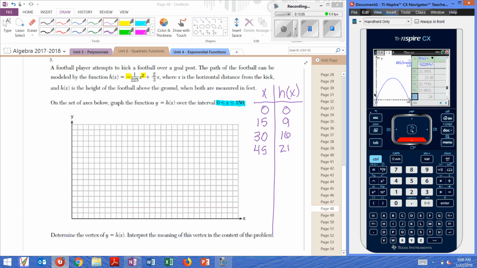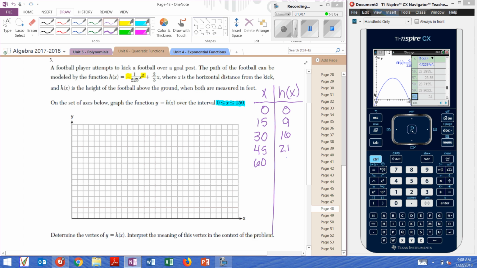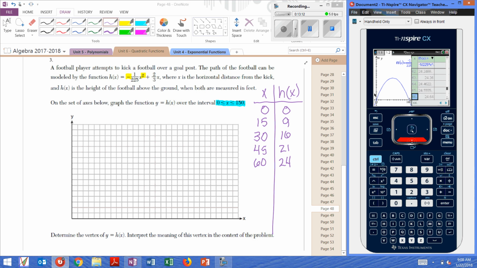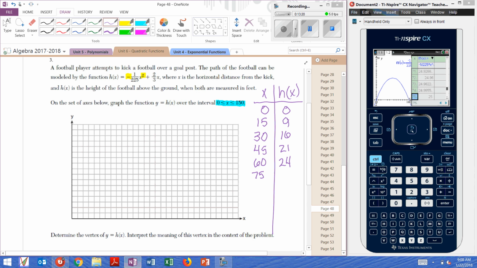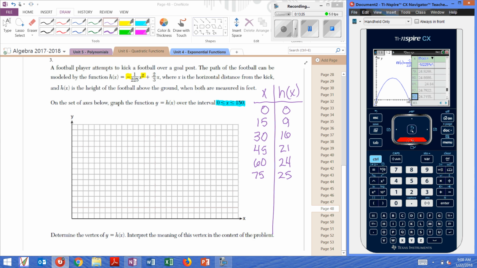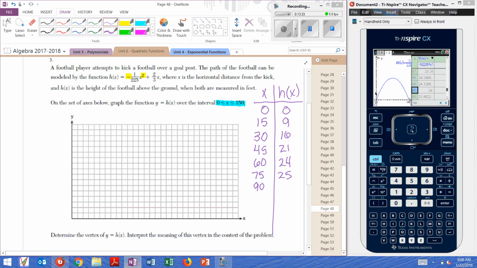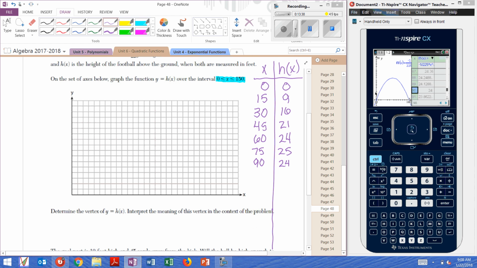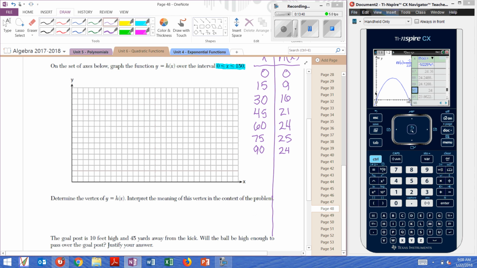See if we can find our next integer. 60, 24. Oh, still not seeing that vertex because my numbers haven't gone back down again. 75, 25. Ooh, it's starting to slow down. I'm guessing that maybe that might be the vertex. Let's see. If our next point is 24, which it is, we found it. So 90, 24. Okay, now following that same pattern, why don't you finish the table?